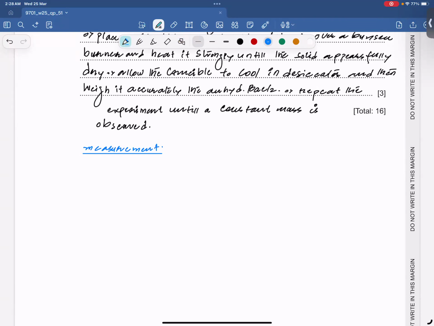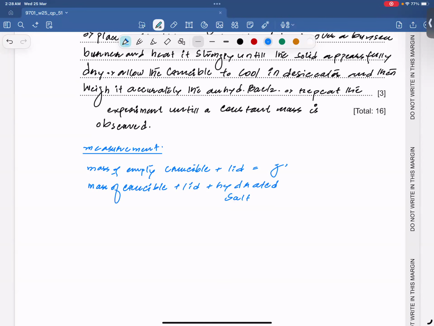Mass of empty crucible plus lid in gram, then mass of crucible plus lid plus hydrated salt before heating, has to be in gram, then mass of crucible plus lid plus salt after heating in gram.